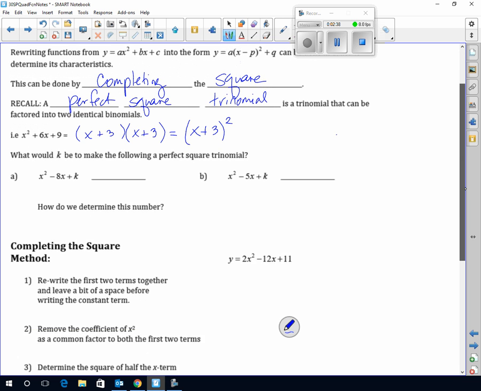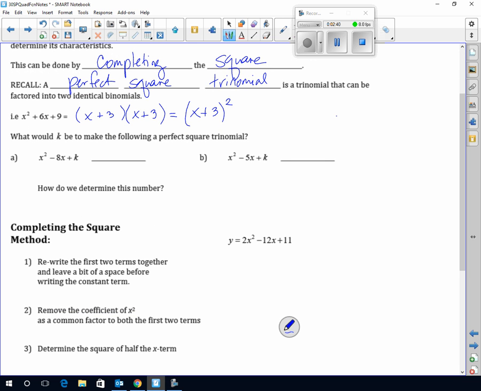I hear 16. 16 is absolutely correct. If this was x squared minus 8x plus 16, what would that factor to be? Minus or plus 4? Yeah, it would be x minus 4.